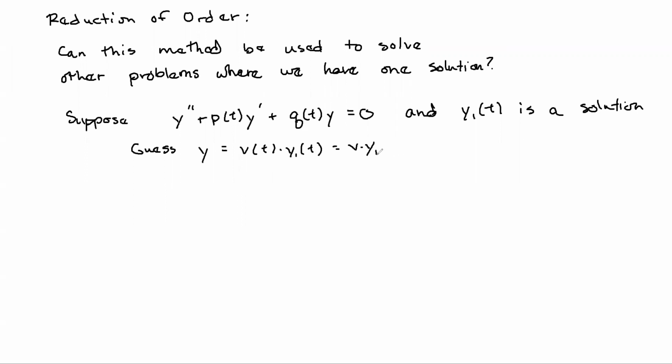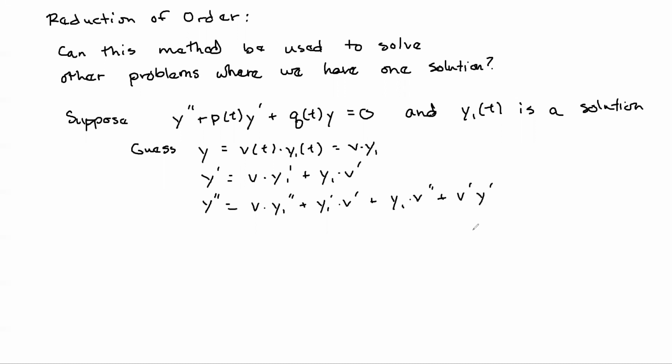Okay, so if that's our guess, v y1, we're going to do this for, I think, the third time. So we're going to get v times first times derivative second plus second times derivative first. And then we'll get y double prime. So we get first, derivative second, second, derivative first, first, derivative second, plus second, derivative first.